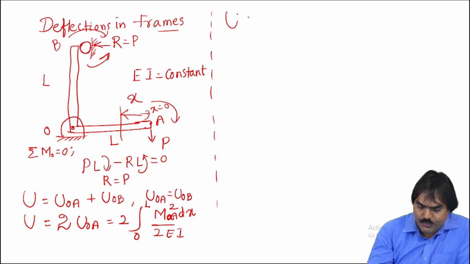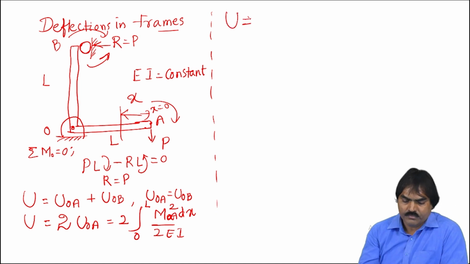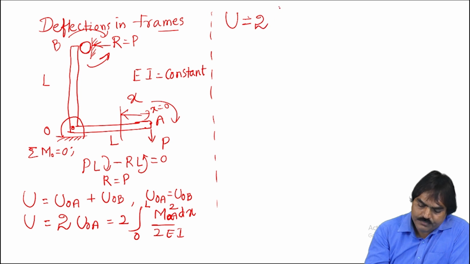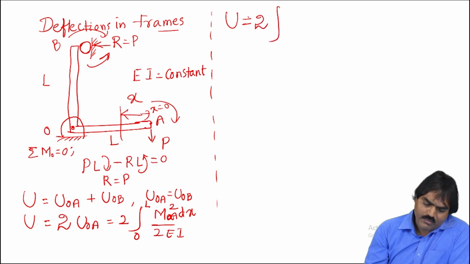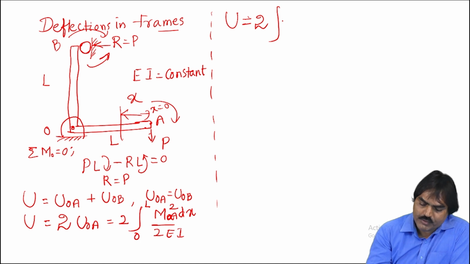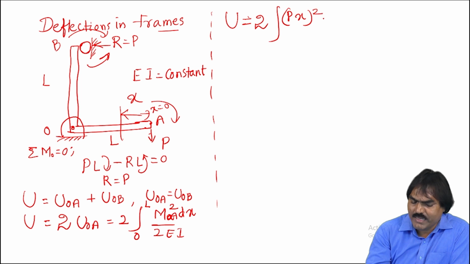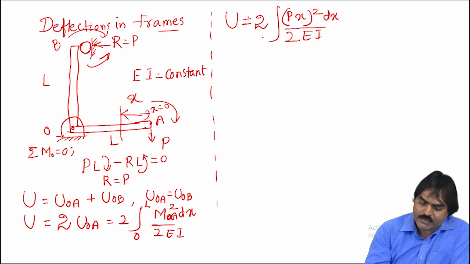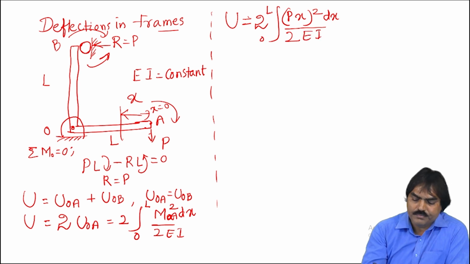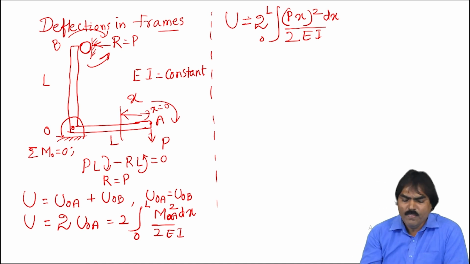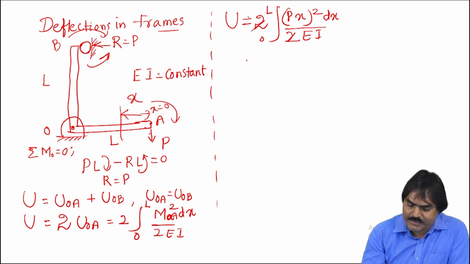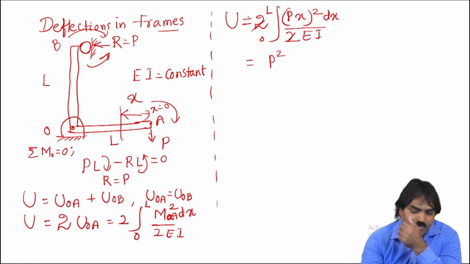Therefore, U is equal to 2 times, what is the moment here? P into x, clockwise moment. That is Px whole square dx by 2EI, from 0 to L. When you carry out this, the 2 cancels, and that is P square into x square; integration becomes how much? x cube by 3.